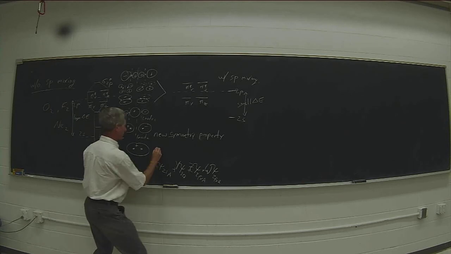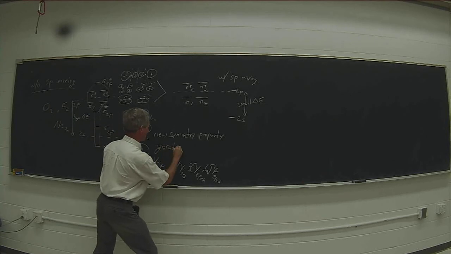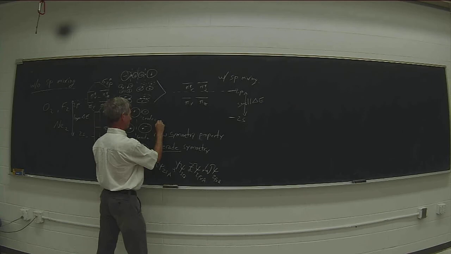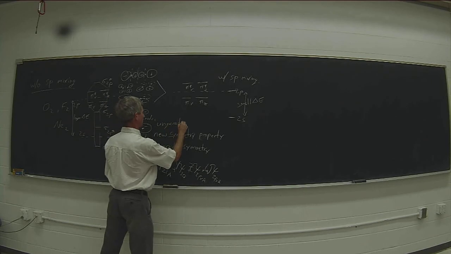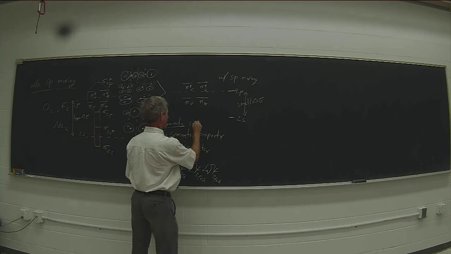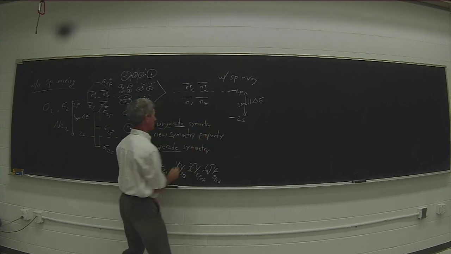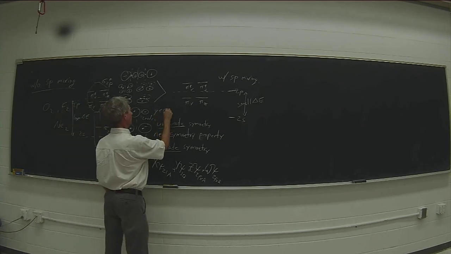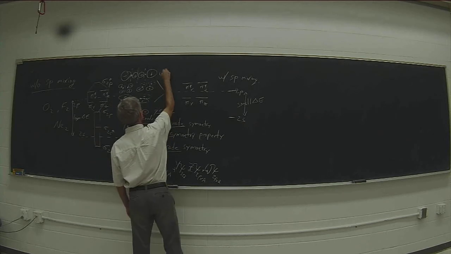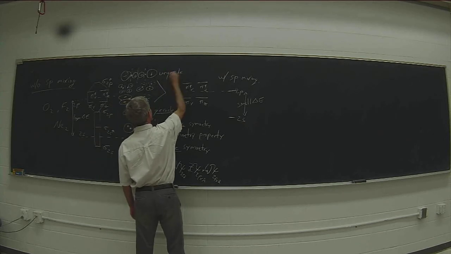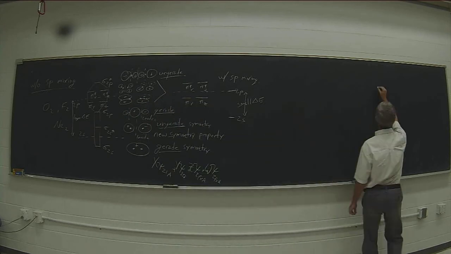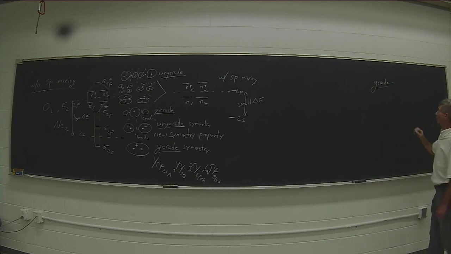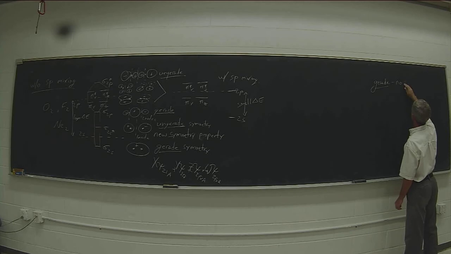Sigma 2s is what we call a gerade orbital, and sigma 2s star is what we call ungerade. And furthermore, sigma 2p also has gerade symmetry, and sigma 2p star also has ungerade symmetry.